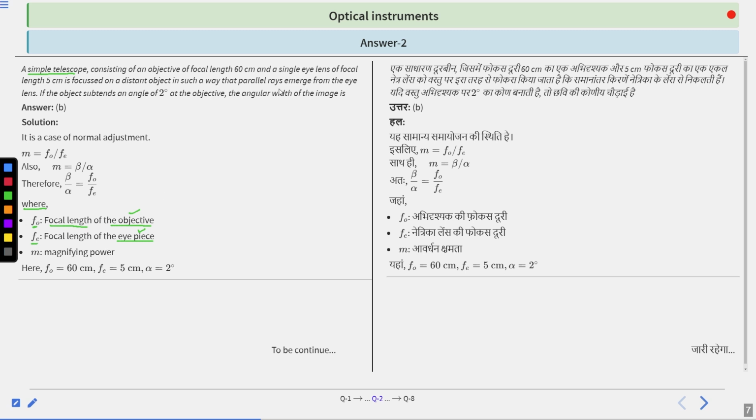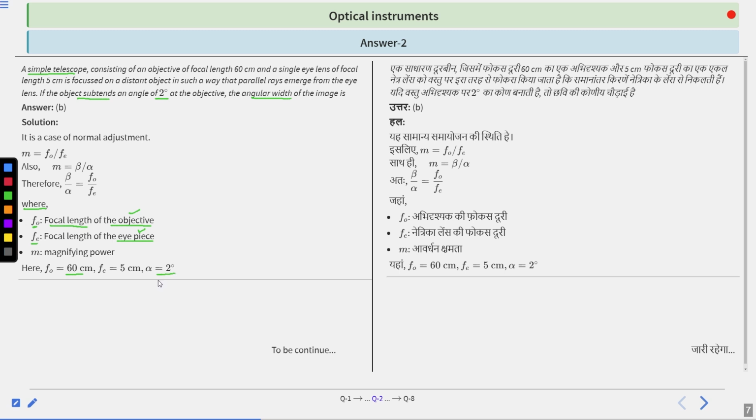This question asks about the angular width of the image. This is the formula in the angular term, M is equal to beta by alpha. FO, the focal length of the objective, is given as 60 centimeter, and FE, the focal length of the eyepiece, is 5 centimeter. The object subtends an angle of 2 degree at the objective, so alpha is equal to 2 degree.